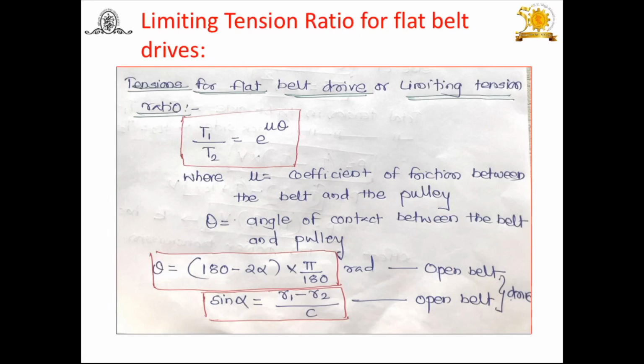Then the limiting tension ratio for belt drive. Already you have derived this expression in an earlier course, that is theory of machines. Now the limiting tension ratio for flat belt is given by T1 by T2 equal to e raised to mu theta, where mu is the coefficient of friction between the belt and the pulley, and theta is the angle of contact between the belt and the pulley, or angle of wrap, and generally it is calculated as theta equal to (180 minus 2 alpha) into pi by 180, in radians.